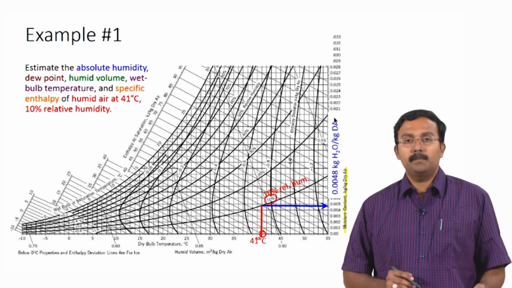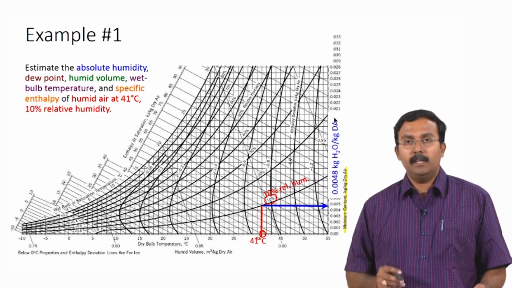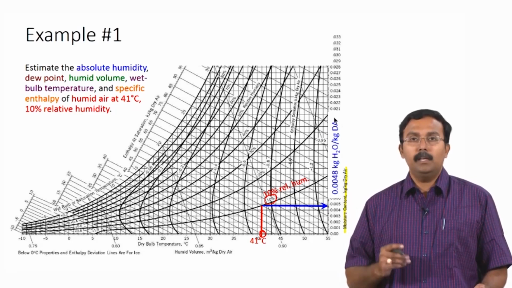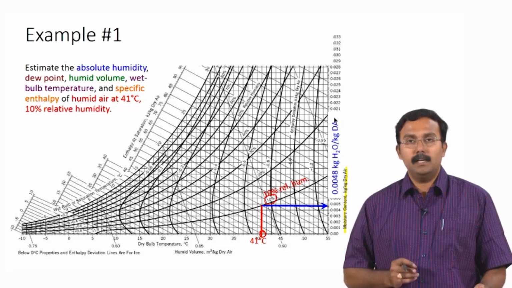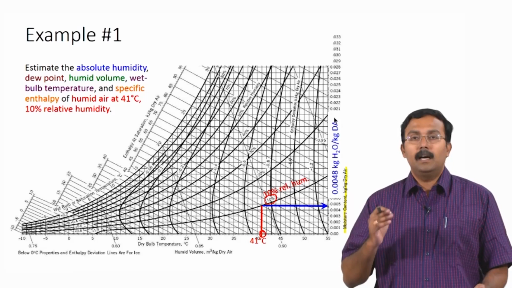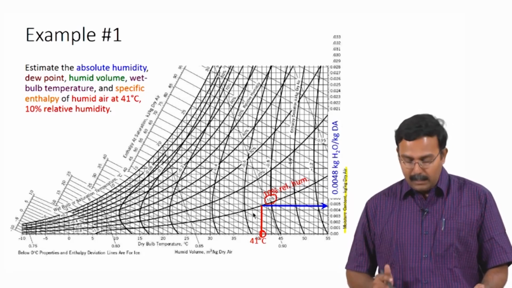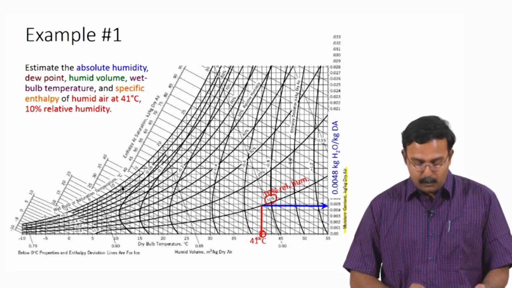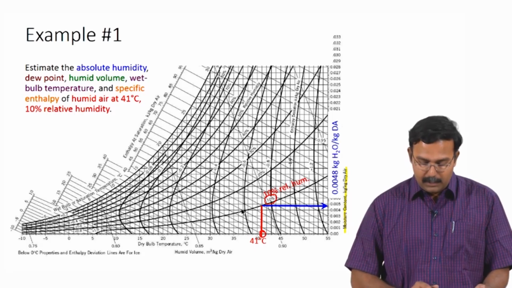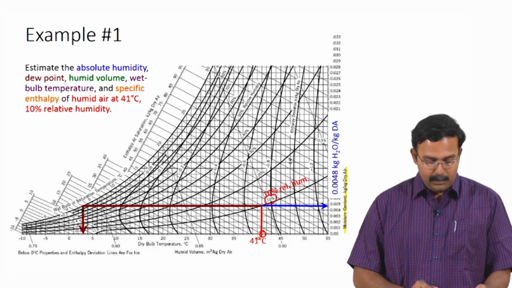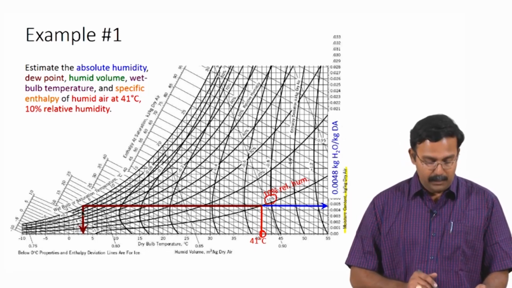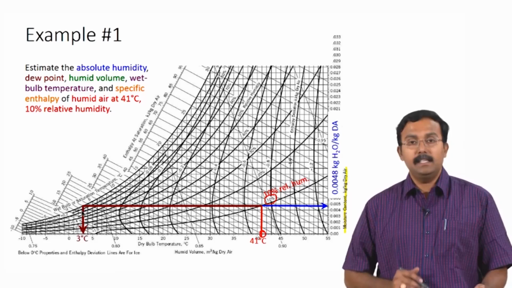The next aspect we have been asked to identify is the dew point. The dew point is the temperature at which the first dew starts forming, or water starts condensing, if cooled at constant pressure. That can be identified by moving all the way to the saturation curve on the other side using a horizontal line. If we do that, we get to this point and can identify the temperature as 3 degrees Celsius.